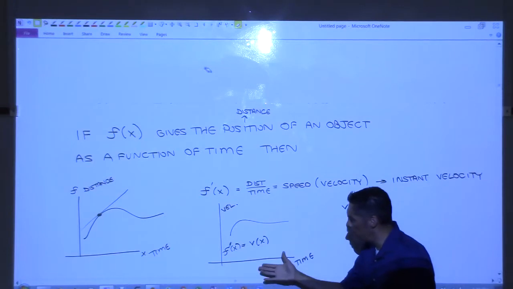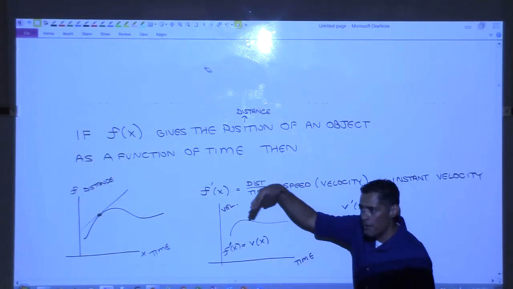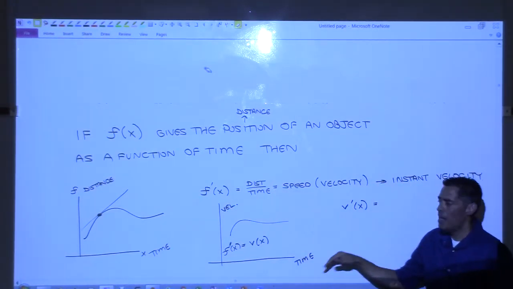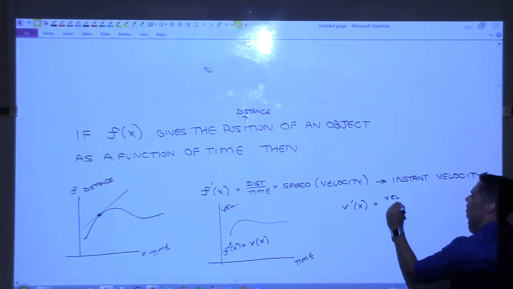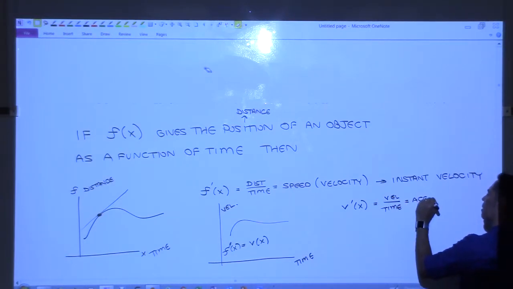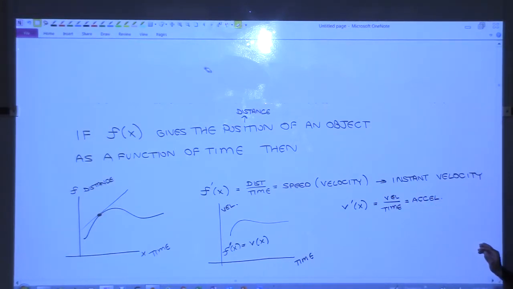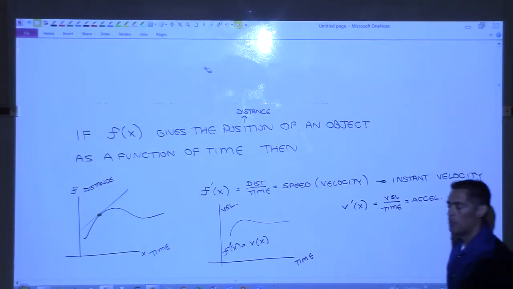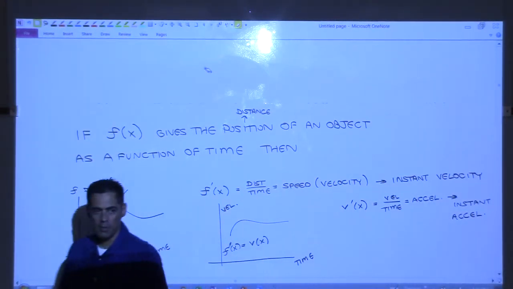If I take the derivative of this, it will give me a ratio of velocity over time, and velocity over time by definition is acceleration. And so this would give us the instantaneous acceleration of the object. Does that make sense?